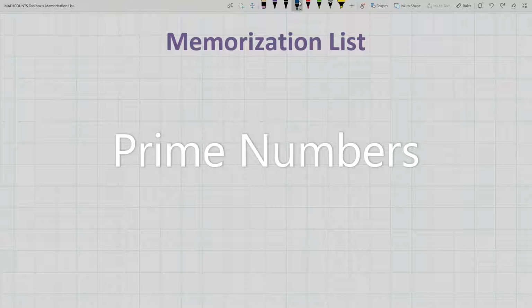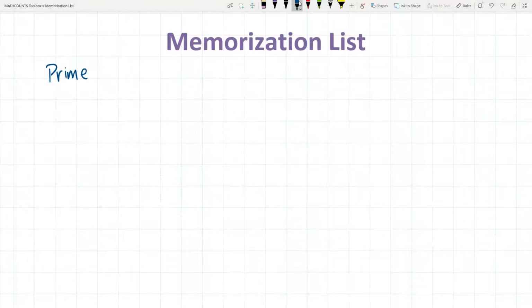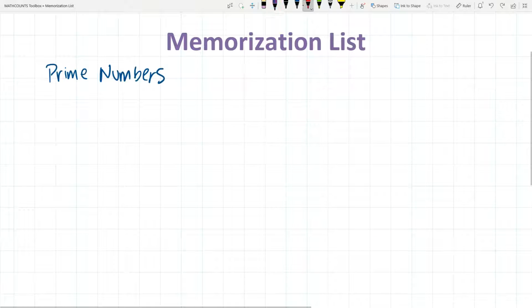So the first thing is that you need to know prime numbers, and you need to know the prime numbers between 1 to 100, but it's always good to know more, like to 150.